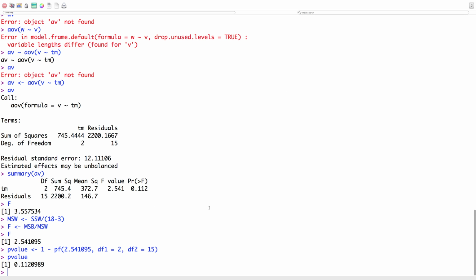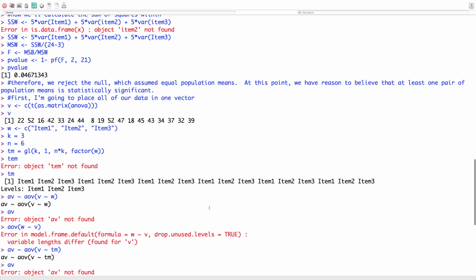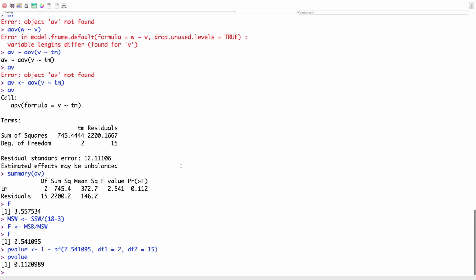So p-value 0.112, whereas up here we had a p-value that was 0.046. So I have to change my interpretation.